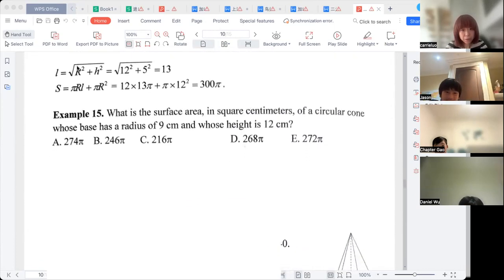Okay, number 15. Can you do number 15? Number 15 is very easy. This one's so easy. It's exactly the same as the previous question, so getting it wrong again would really not be okay. Yeah. You got a point. Circular cone. Never forgiven myself if I get this wrong.